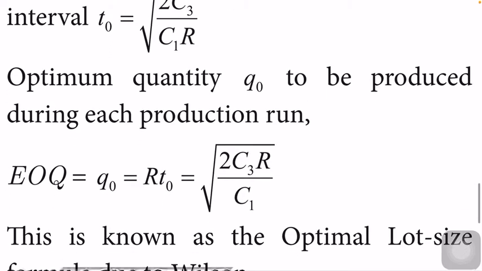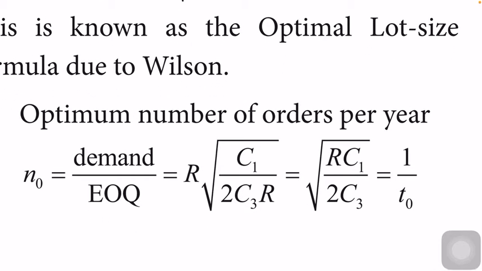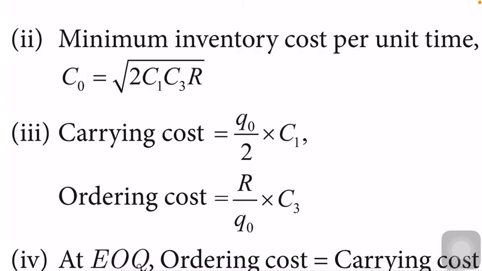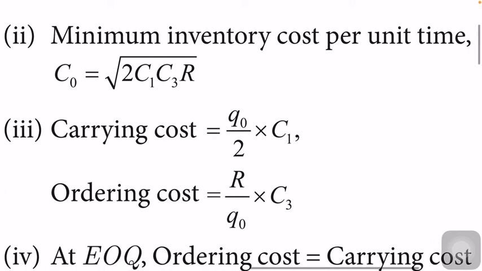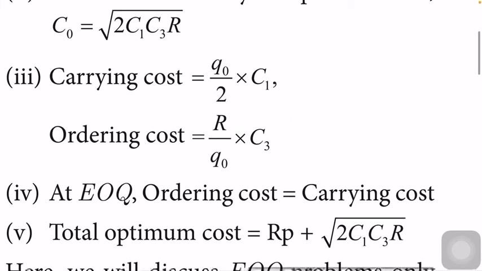And N0 is the reciprocal of T0. So, N0 is equal to 1 divided by T0. The minimum inventory cost per unit time is C0, which is equal to square root of 2C1 C3 R. Carrying cost is Q0 by 2 into C1, ordering cost is R by Q0 into C3, and at economic order quantity, ordering cost is always equal to carrying cost.